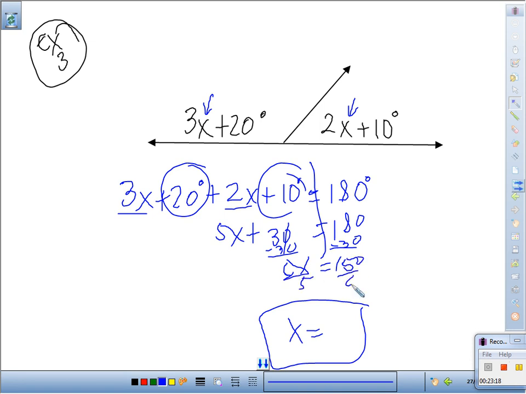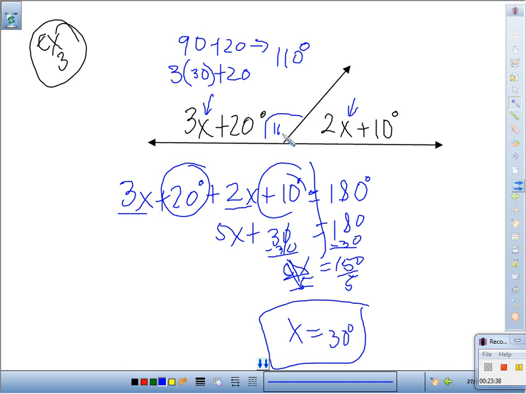Divide by 5, divide by 5. So what is x? 30 degrees. But if I want to know the angle here, what do I need to do? Substitute. So this is 3 times 30 plus 20. So what is this? 90 plus 20, which is 110. That means this is 110 degrees, and you do the same for the other.